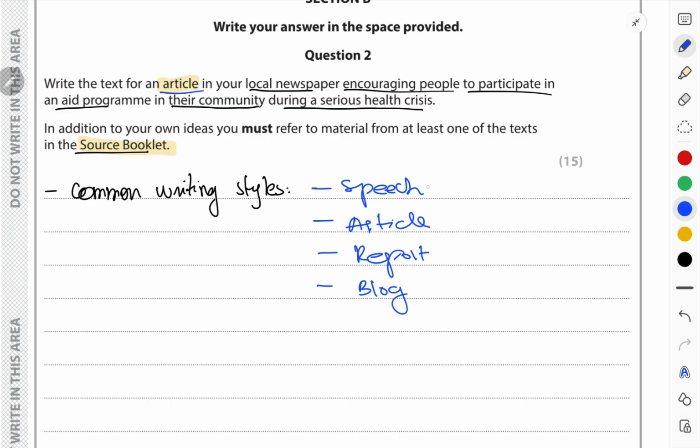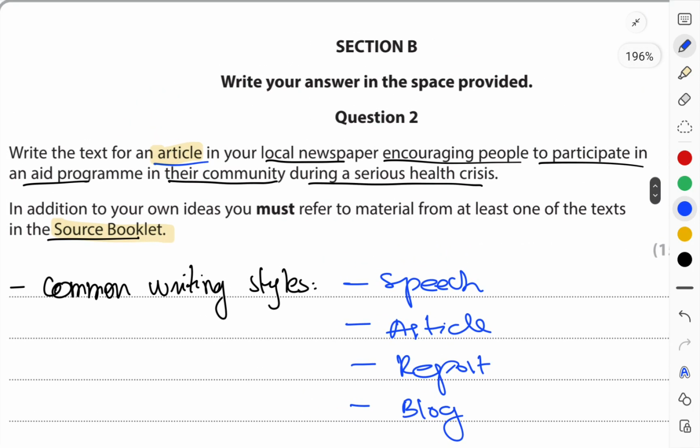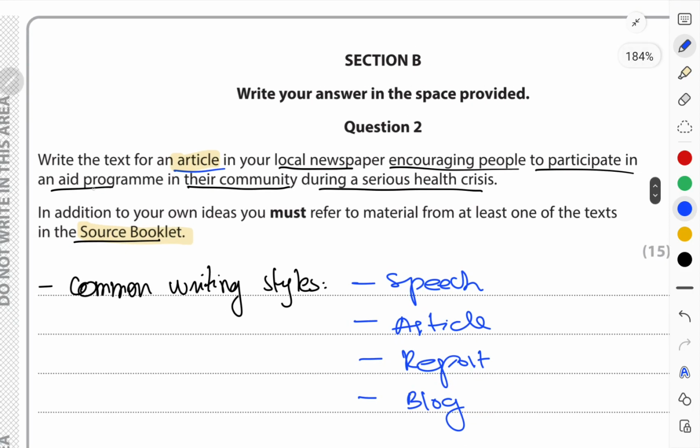So let's look at the question. The question says you're supposed to write an article for a local newspaper. So you can basically see what your audience is and what your purpose is from the question itself. Just taking this question as an example of what you're supposed to do in section B. You're supposed to write an article, so that's your writing style.